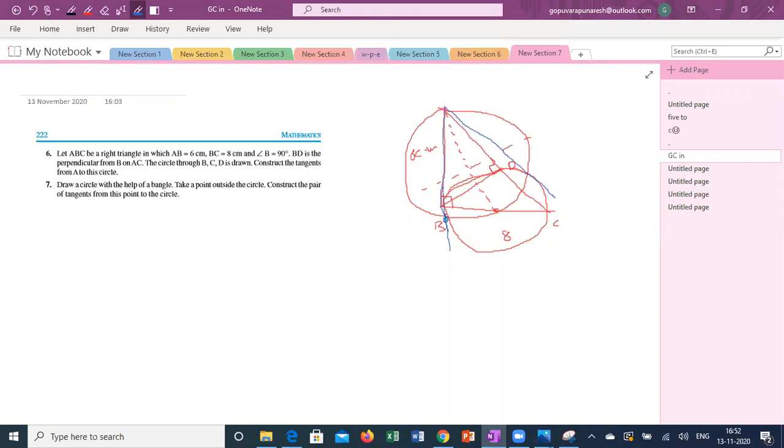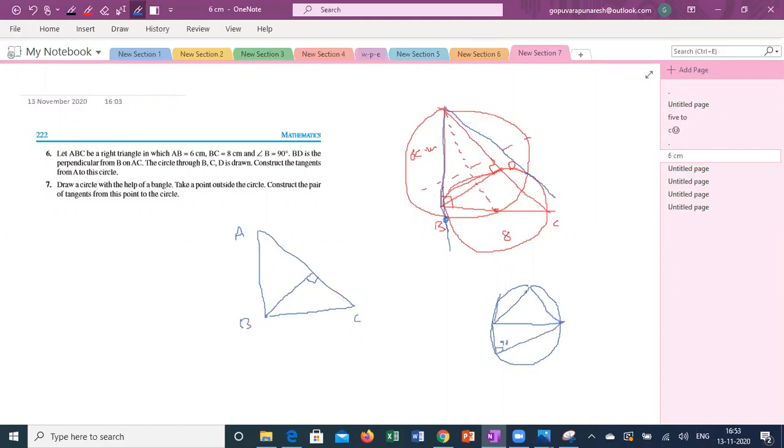You have to use the properties of the triangles. See here, this is a triangle, ABC, you completed this part. In a triangle, if I'm taking a diameter and joining to any point like this, the angle is always 90 degrees.